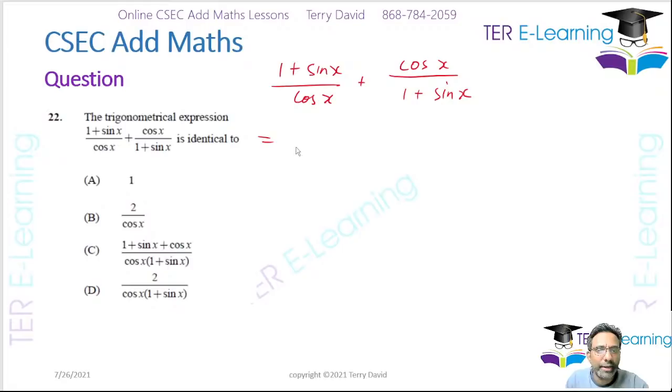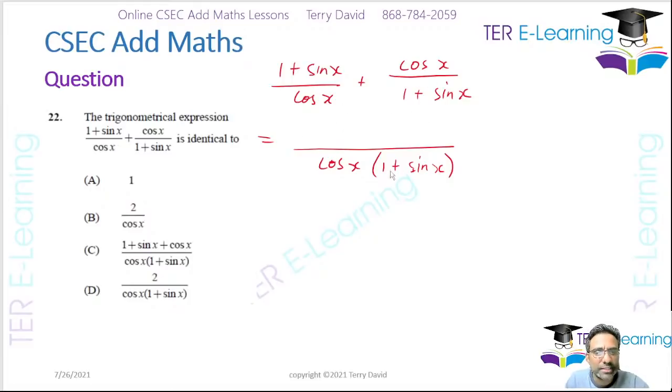So what we're going to do here, since we have two different denominators, the common denominator is going to be cos x multiplied by 1 plus sine x. Now we add them like we would add two fractions.